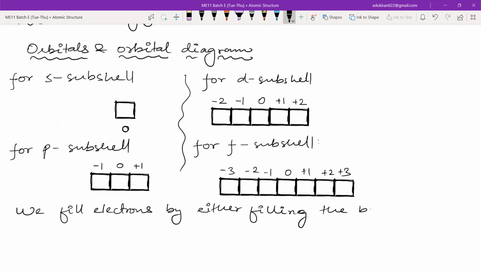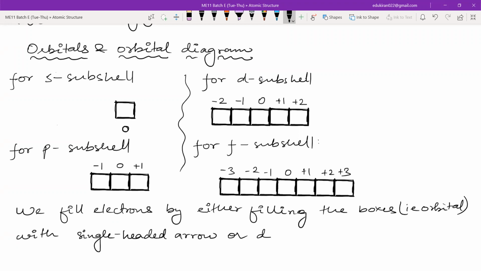With a half arrow, a single-headed arrow, or double-headed arrow. Single-headed arrow, how will this look?